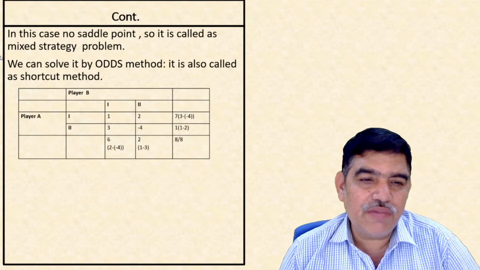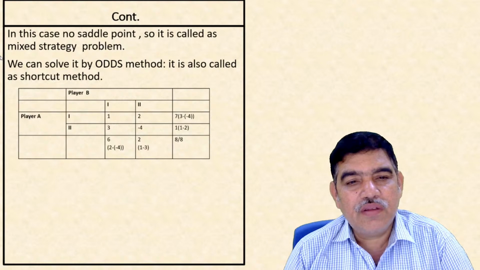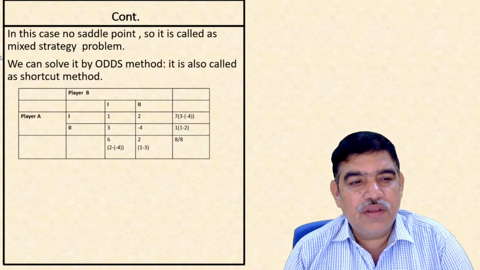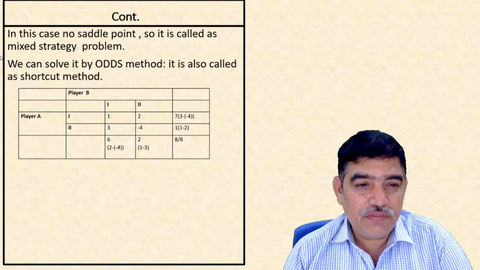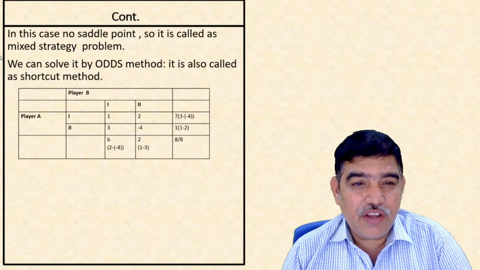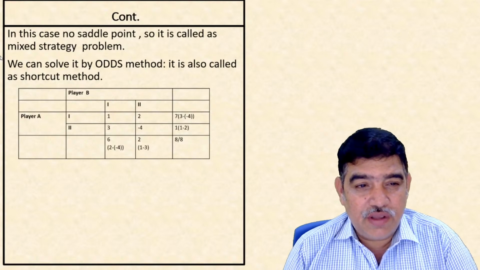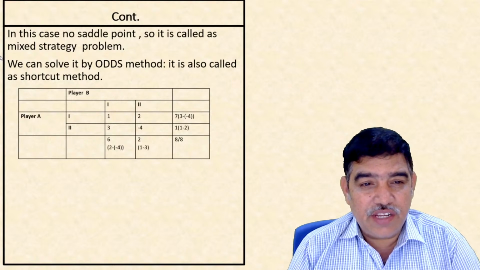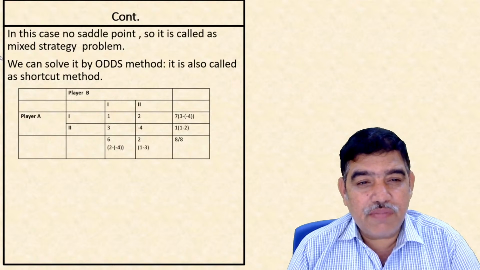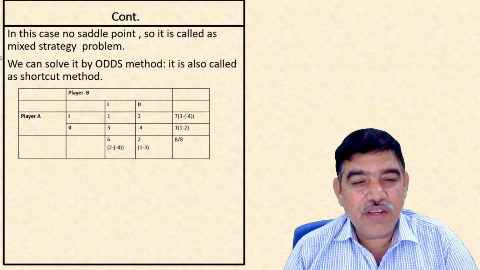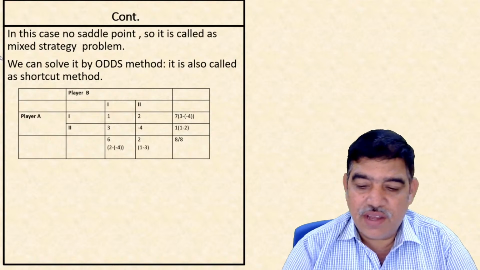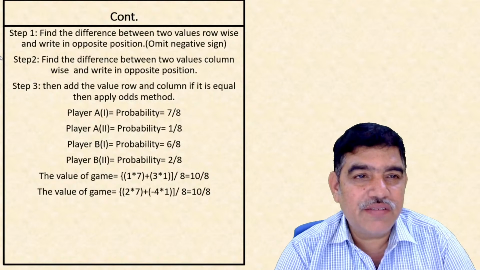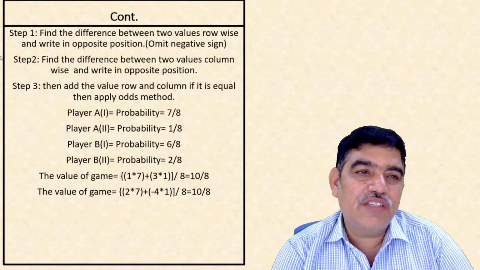What I am writing here in this table, in the first row, is 1 and 2, and in the second row, the second strategy for player A, that is 3 and minus 4. We have to find the differences. I will also explain it stepwise. What is step 1?